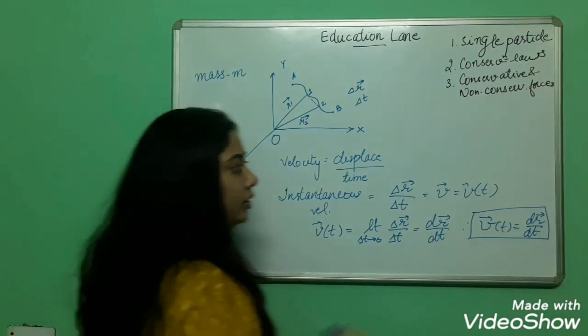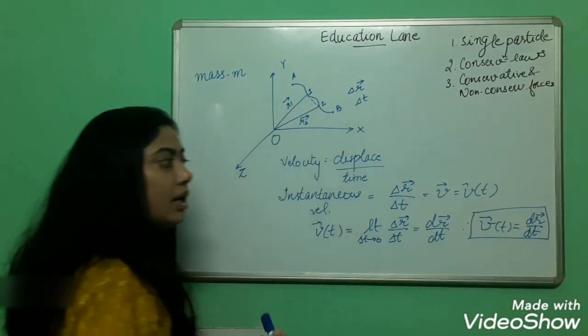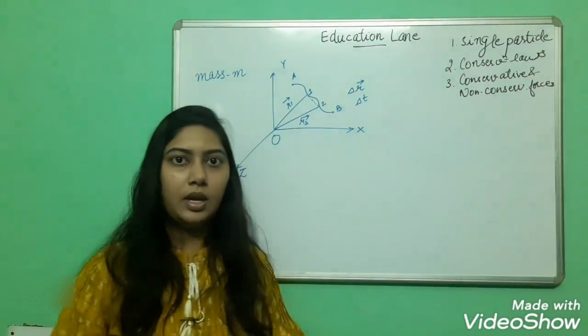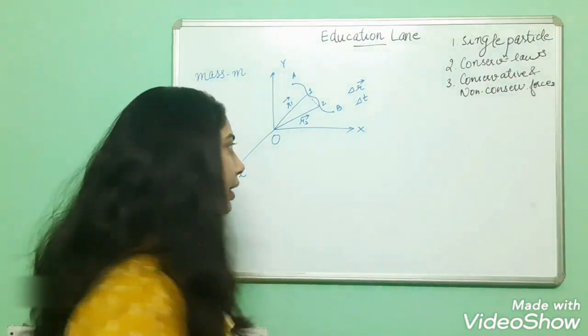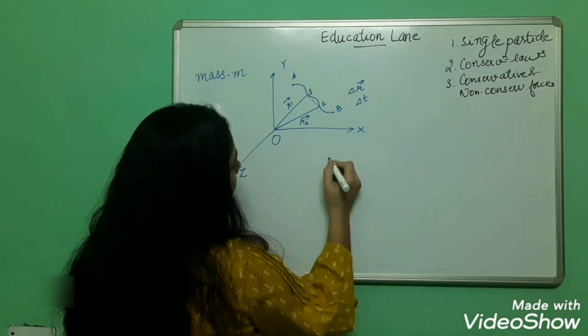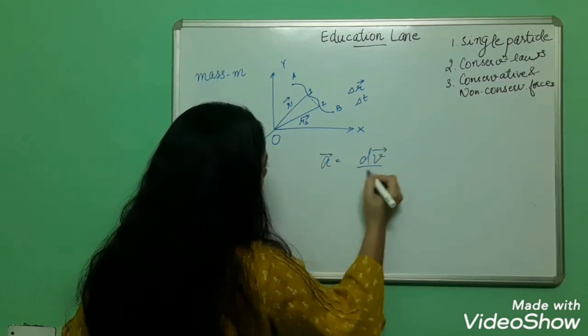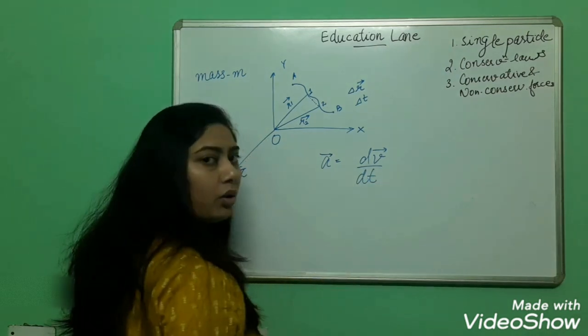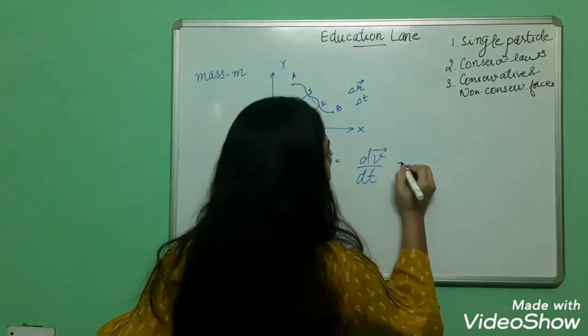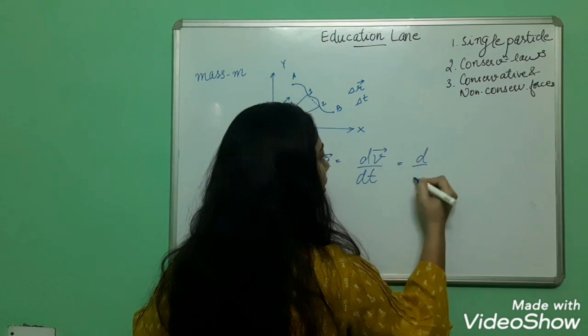Now this is my velocity. Let us do the acceleration. Acceleration is defined as the change in velocity per unit time, or with respect to time. What was my velocity?